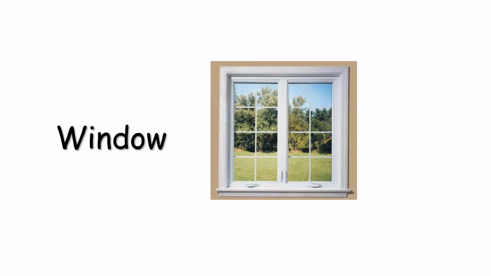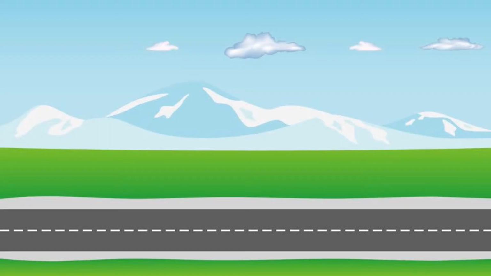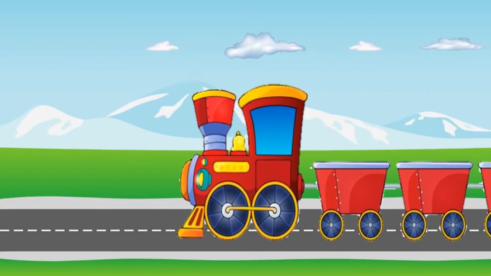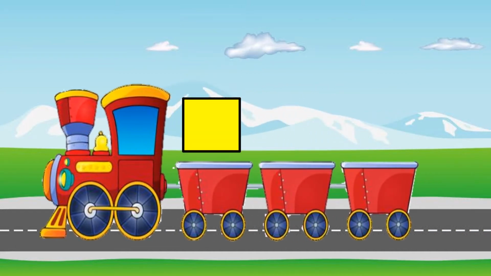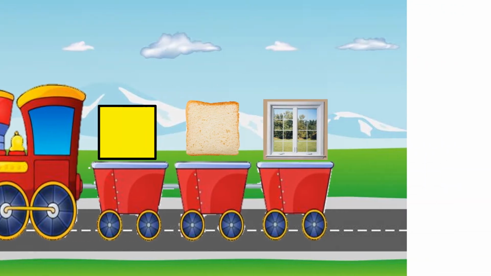Window. It is window. It has 4 sides. 1, 2, 3, 4. Window is square shape. Square. Bread. Window.